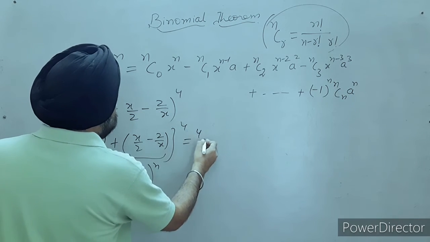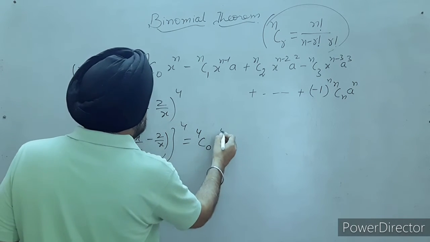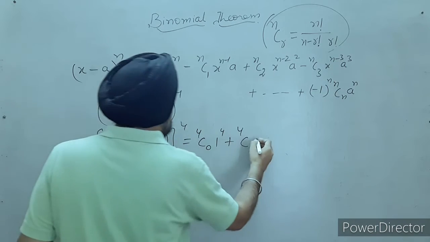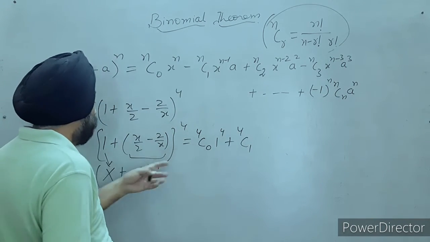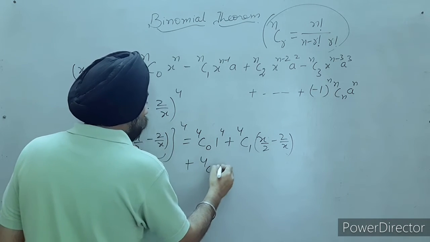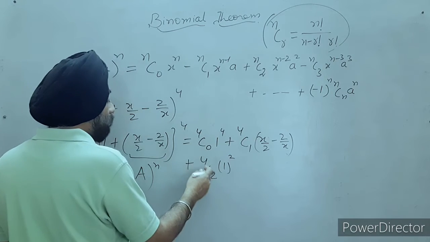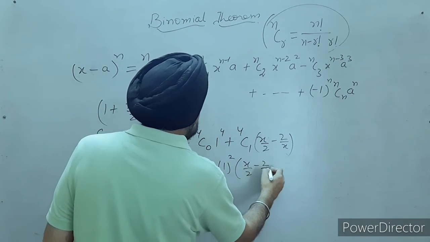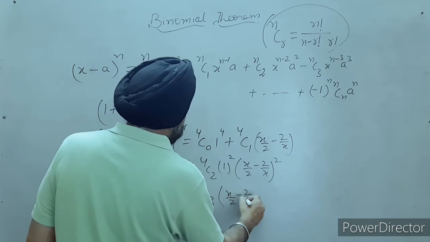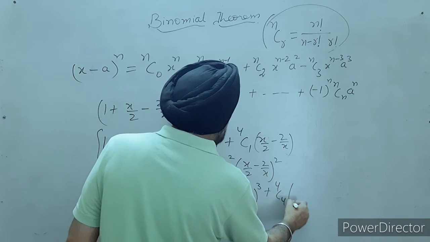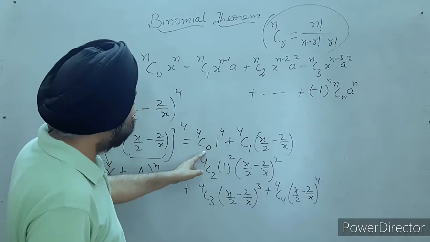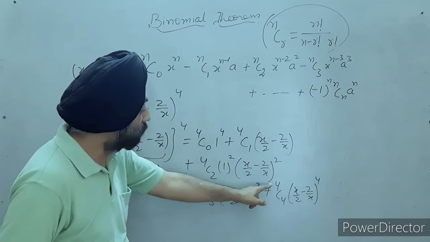It's very simple. 4C0 x raised to power 4, that is x raised to power n, plus 4C1, no need to write 1 raised to power 4 minus 1, that is 3, into a, (x by 2 minus 2 upon x), then plus 4C2, no need to write 1 raised to power 2, obviously it's 1, then a squared, then plus 4C3, again (x by 2 minus 2 by x) cube, plus 4C4 (x by 2 minus 2 by x) to the 4. Right, 4C0, 4C1, 4C2, 4C3 and 4C4.